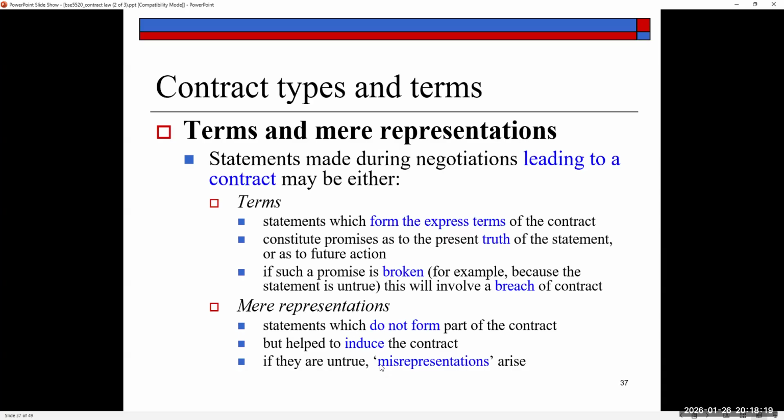There may be some statements back and forth between the two parties during the negotiation period, but not every statement would form part of the contract. Some are just representations. If some of these statements are found to be untrue, then those are misrepresentations, not true.